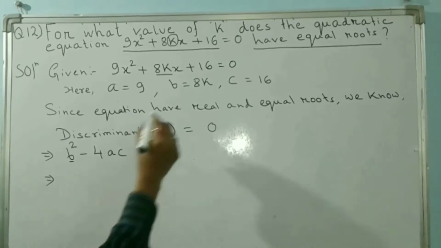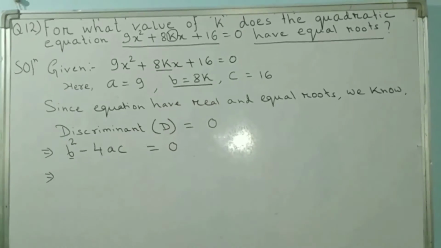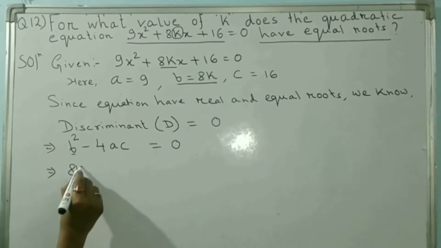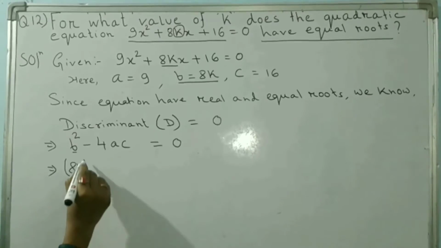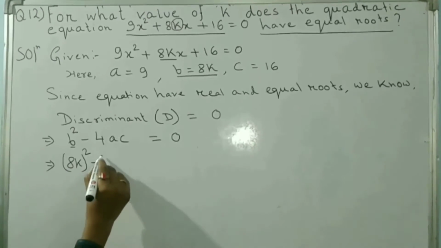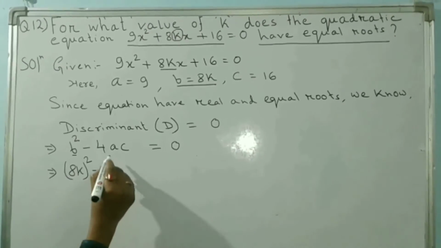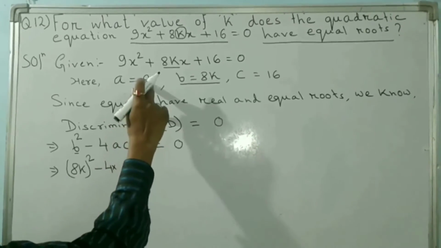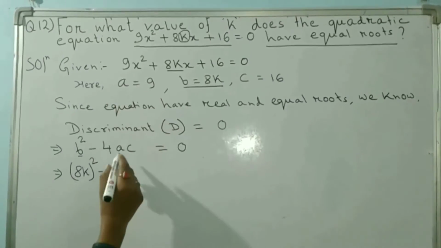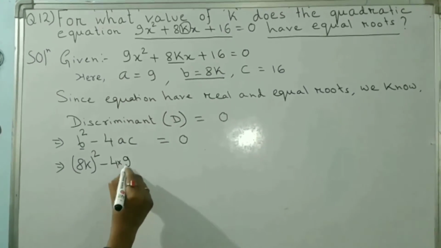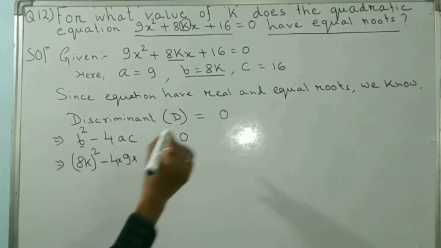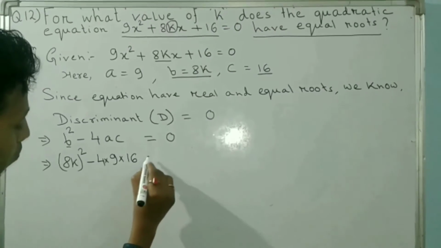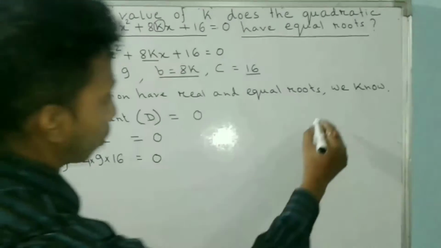Here you can see the value of b is 8k, so in place of b we write 8k, so it is (8k) square minus 4, and a is 9, so in place of a we write 9, and in place of c we write 16, equals to 0.